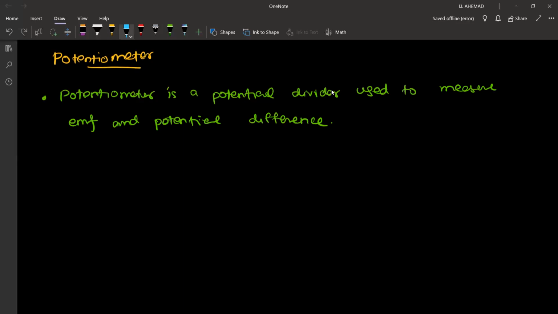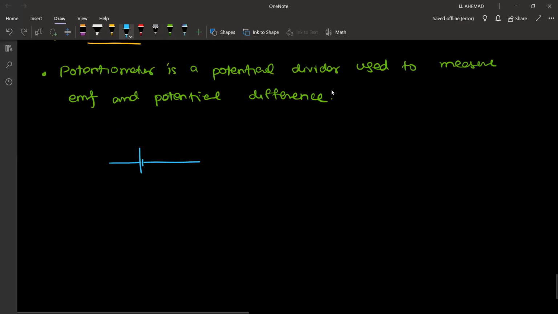So let's say this is the simplest diagram for a potentiometer. We have a battery. We call this the primary circuit. If the EMF of this battery is E, then let's neglect the potential drop in these thick connectors.